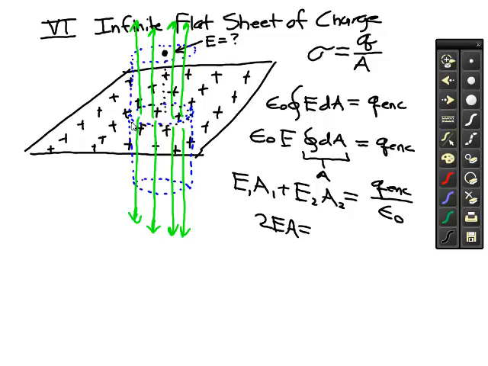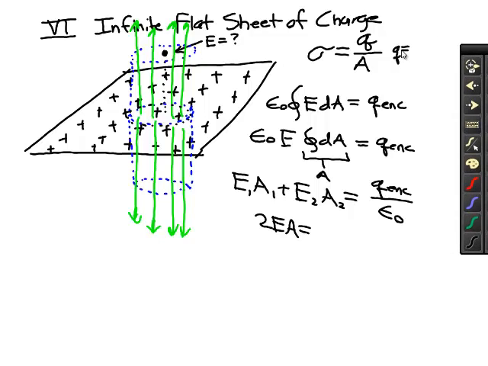How are we going to do that? We're going to say the Q is equal to sigma A, whatever that area is.